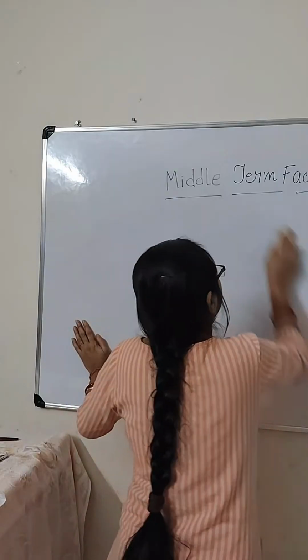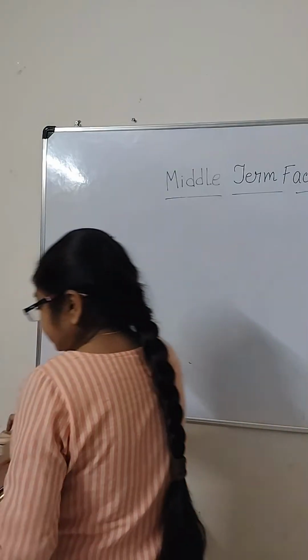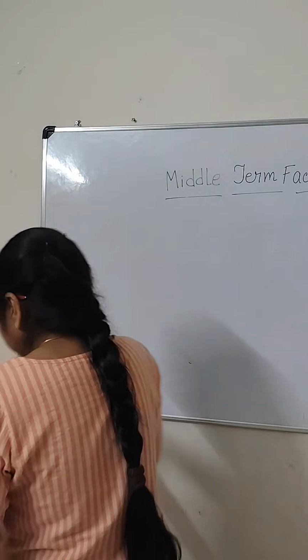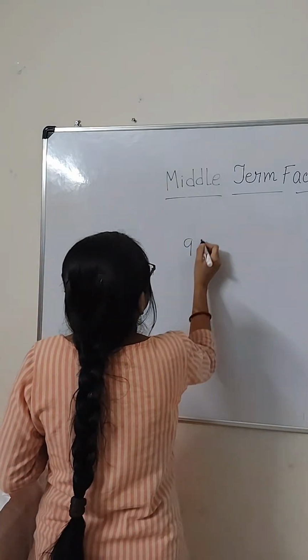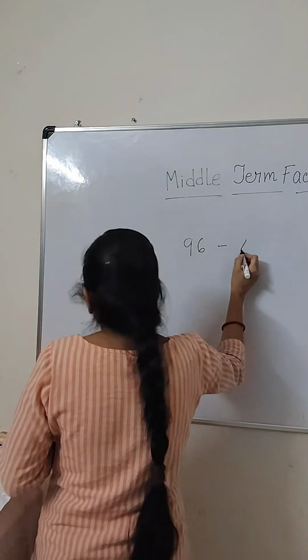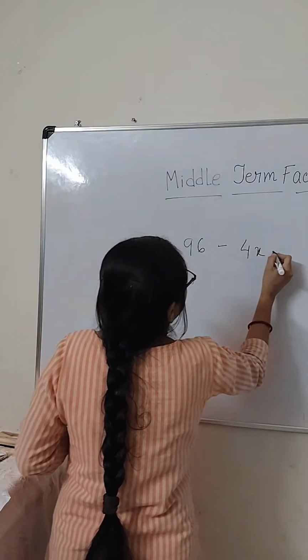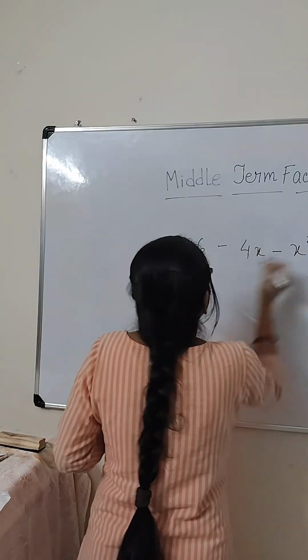I'm not going to help you because I already did this type of maths. 96 minus 4x minus x square. You complete the maths.